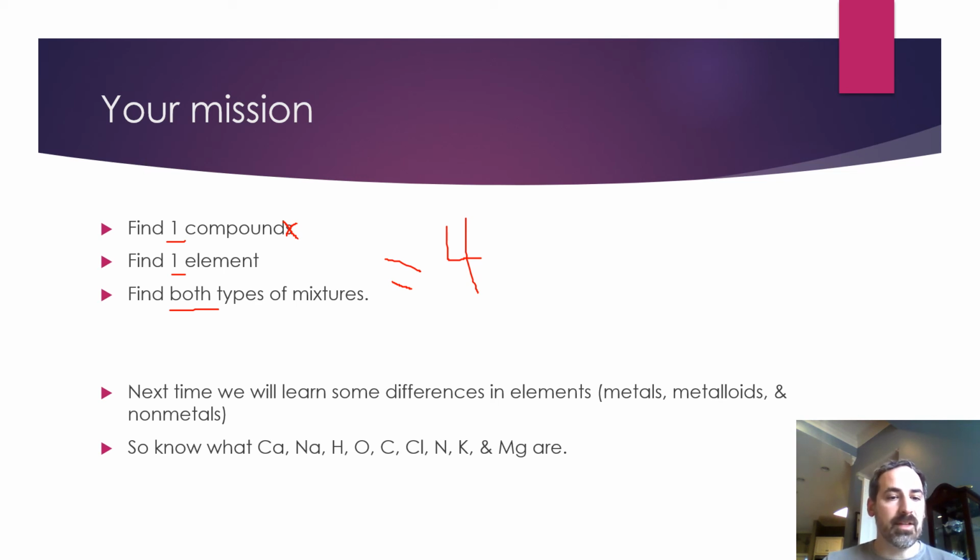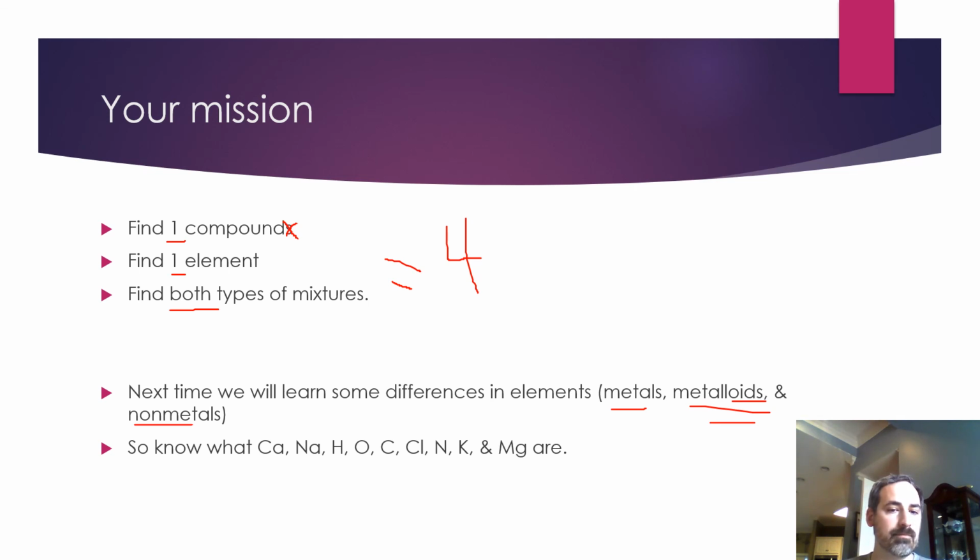Next time I do this, we're going to learn some differences in these elements, because if you know what the elements do, then you know what the compound does, or at least something close to it. And we're going to separate elements into metals, nonmetals, and what's in the middle? Metalloids, which means metal-like.